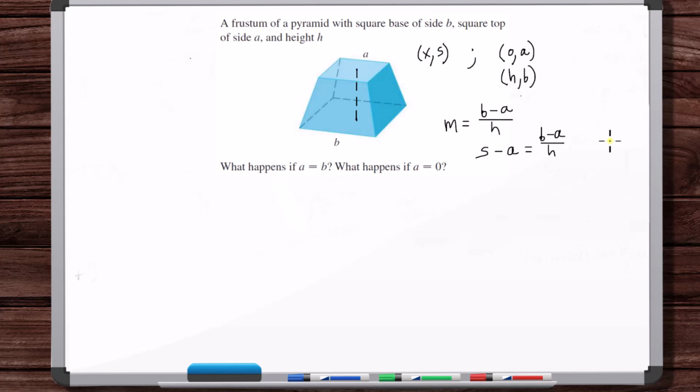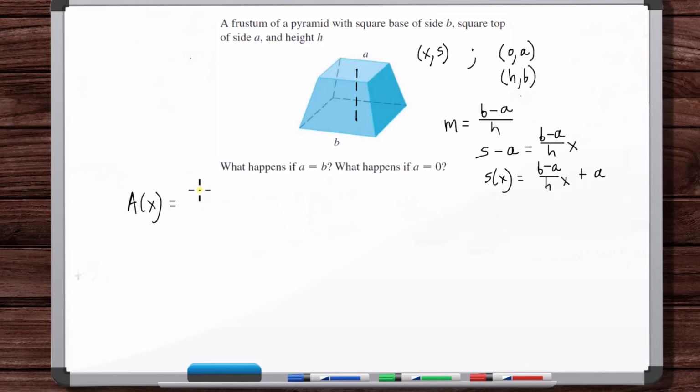So the side length as a function of x is (b minus a) over h times x plus a.